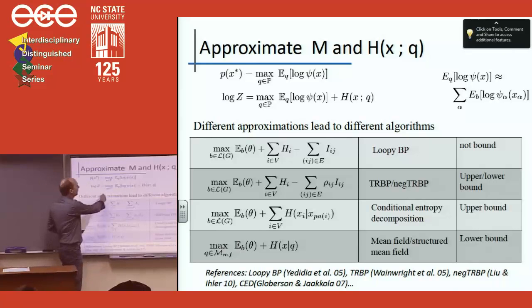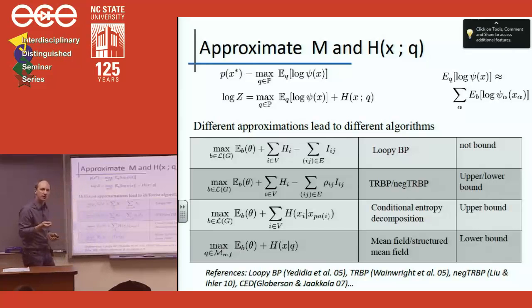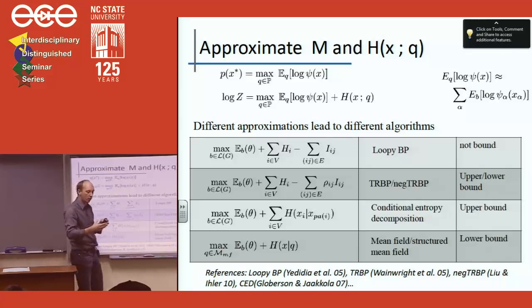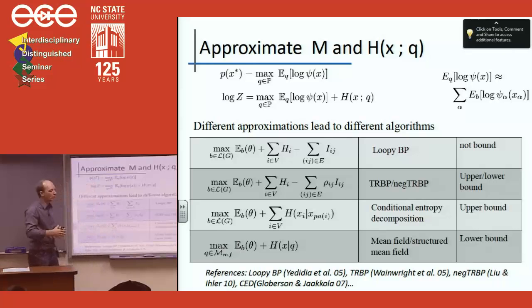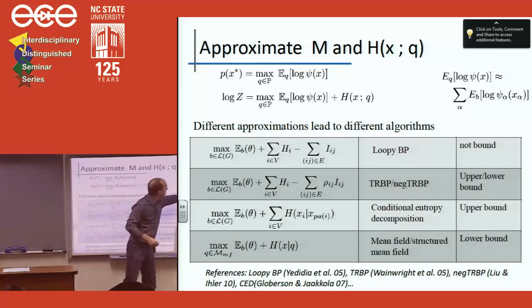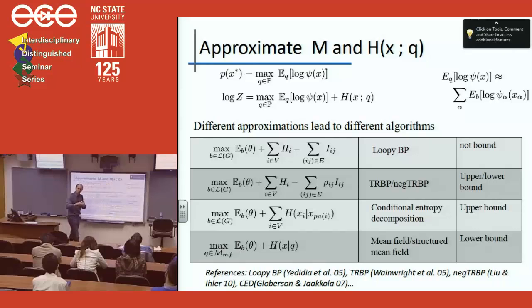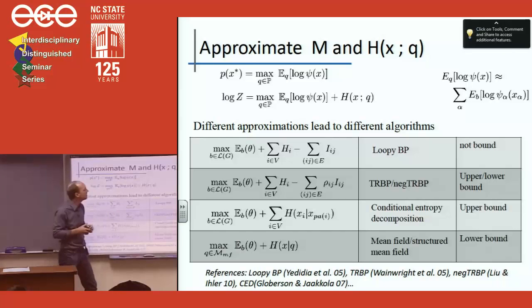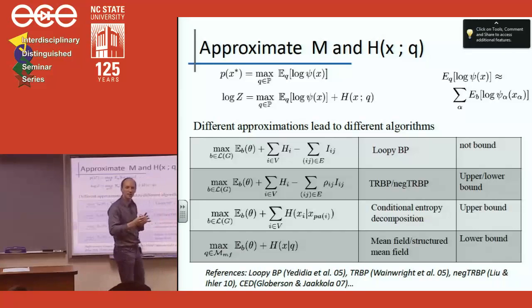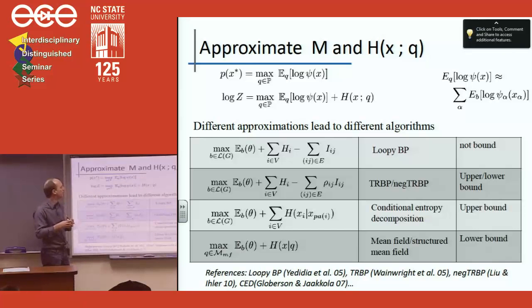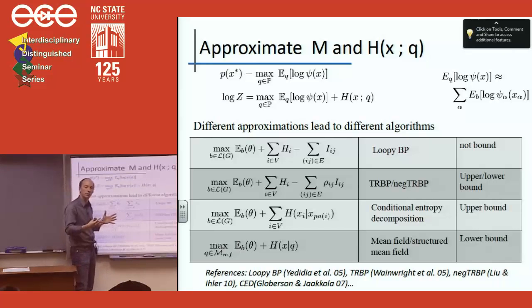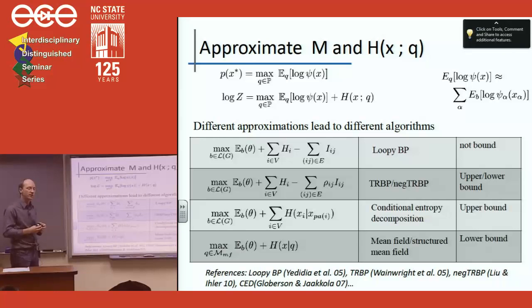For instance, we can approximate the set on which we're optimizing the distributions by either thinking about only a small set of distributions that are easy for us to represent, or by relaxing it, optimizing over parameters that don't even correspond to a distribution. And in fact, since you have this representation in terms of a sum of a bunch of smaller things, you can think of optimizing each of those things individually and trying to force them to be consistent with some global distribution, but perhaps not actually enforcing that entirely.